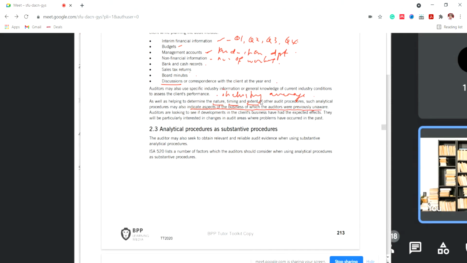Okay, and then the auditor also might see certain area or problem might be occurred, okay, in the past.